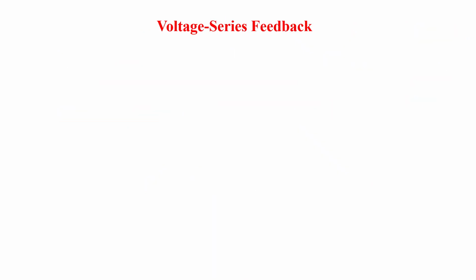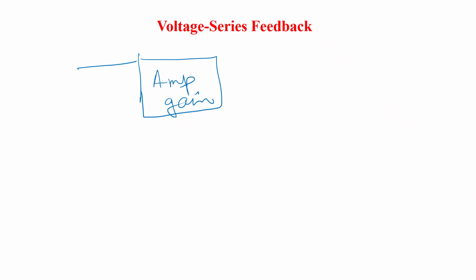Voltage series feedback. The very important part of the understanding here is the way by which the voltage and current are fed into and from the feedback system. The output load resistor is connected at the end. So it's a voltage series.